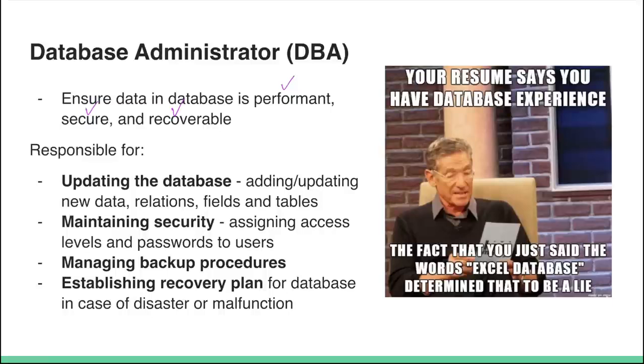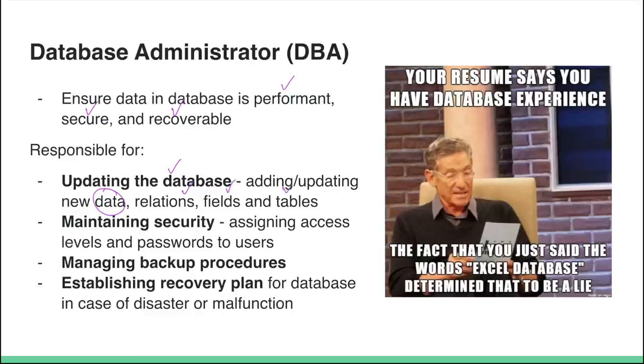So to be more specific, the database administrator is responsible for updating the database, adding or updating new data, relations, fields, and tables. Now, they may not specifically be updating new data. This is usually up to whatever application uses that database, but they may create new relations, new fields, and new tables within the database.